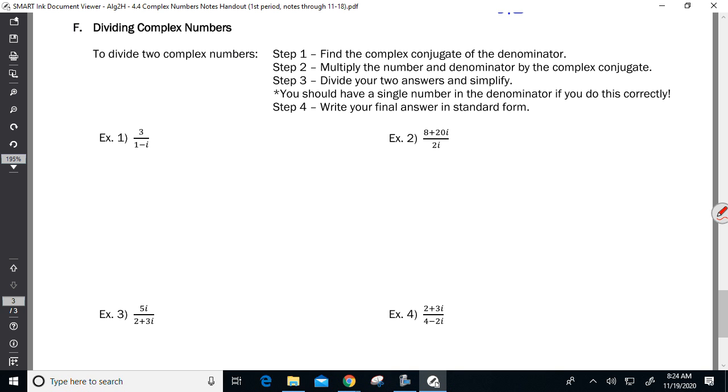So in the case of example 1, 3 divided by 1 minus i, you find the complex conjugate of the denominator, which remember is just changing the sign on the imaginary part. Then multiply that number. It should say numerator. Now you see why I don't teach English. Multiply the numerator and denominator by the complex conjugate.